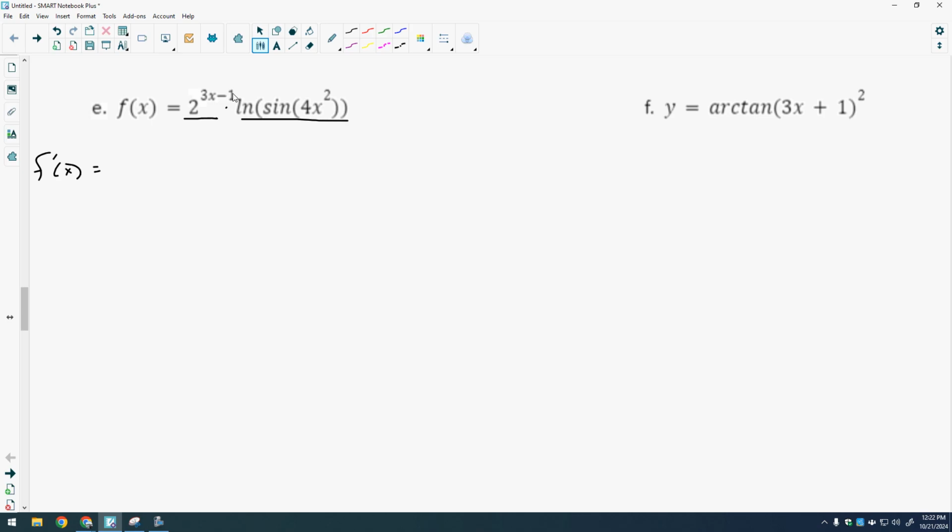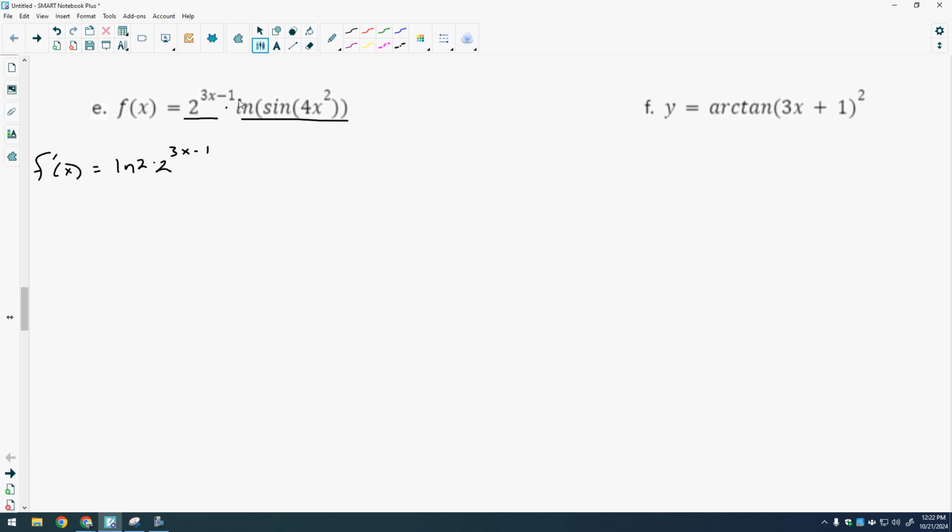Derivative of the first. The derivative of an exponential is the original function, 2 to the 3x minus 1, multiplied by the natural log of the base. If that base is an e, you're not going to have this because it's just 1. But if it's anything other than e, you will have the natural log of the base being multiplied by that original function.